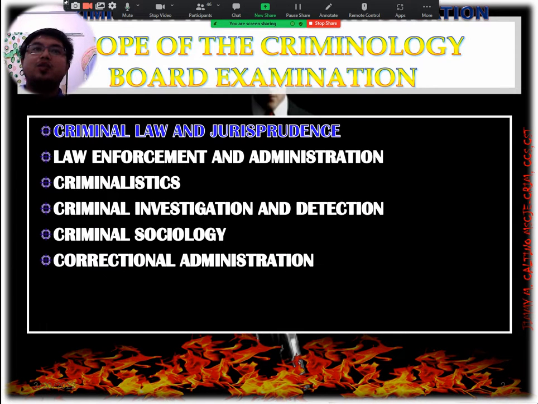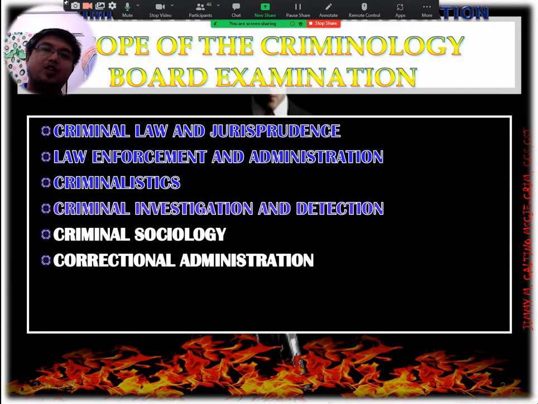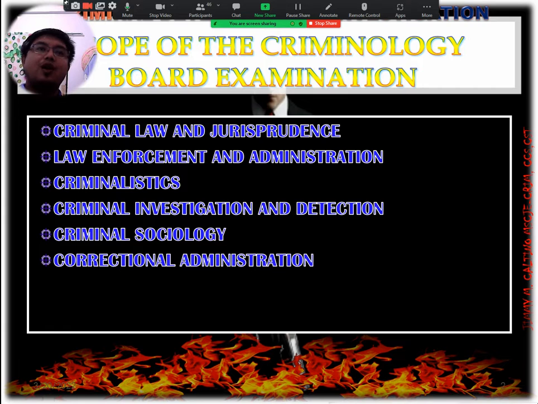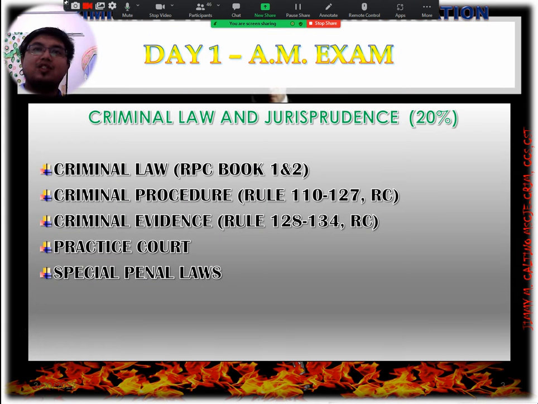The scope of the criminology board examination, again, to be reminded, is that we have 6 subject areas. This includes criminal law and jurisprudence, law enforcement administration, criminalistics, criminal investigation and detection, criminal sociology, and correctional administration. Of these 6 subject areas, they will be dividing this into 3 days, composed of 2 areas per day.